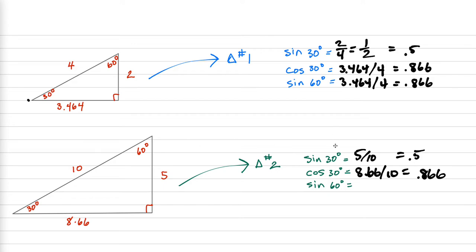I don't need a calculator for that one. 3, 5. 2, 5. 8.26 over 10. Okay, next person. 3, 5. 2, 4.